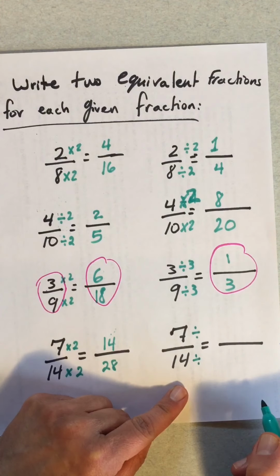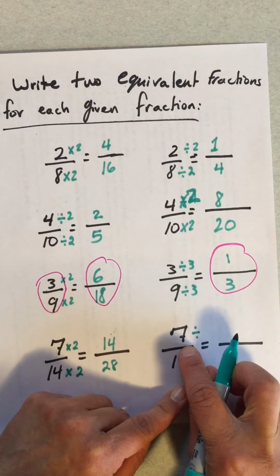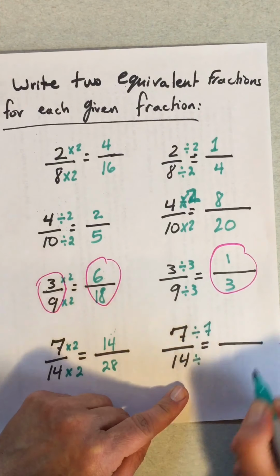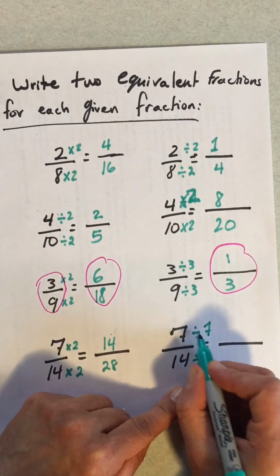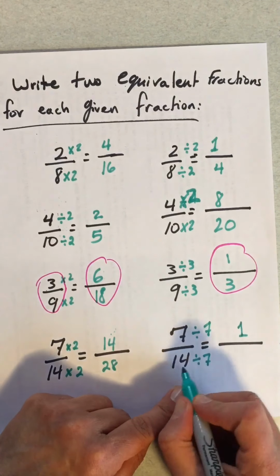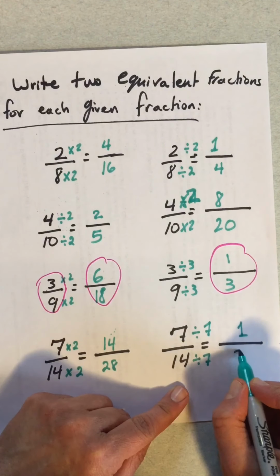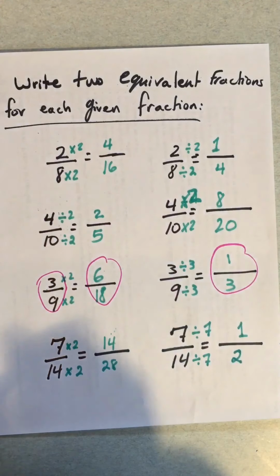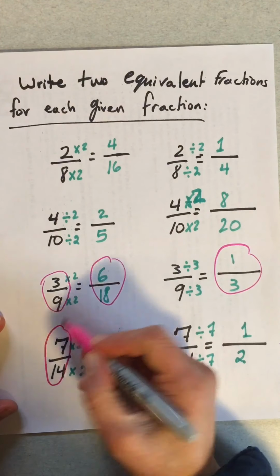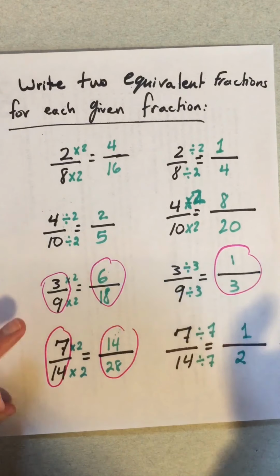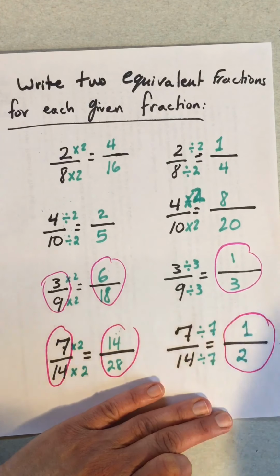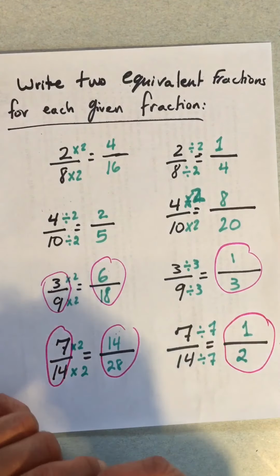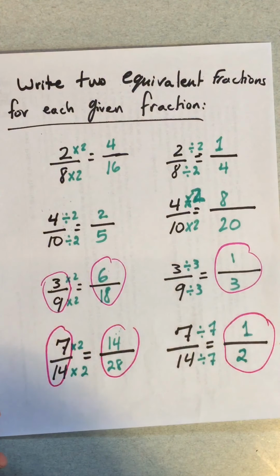What do you think? The only thing I can really divide 7 by is itself. 7 divided by 7 is 1. 14 divided by 7 is 2. So look at this. 7 over 14, 14 over 28, and 1 over 2, one half, are equivalent fractions.